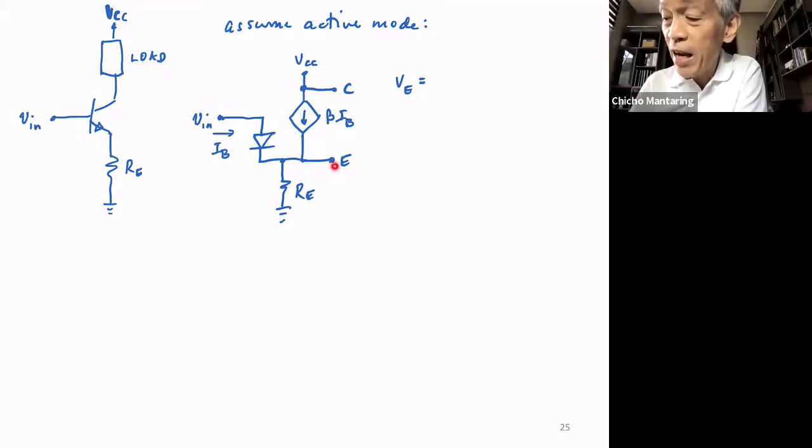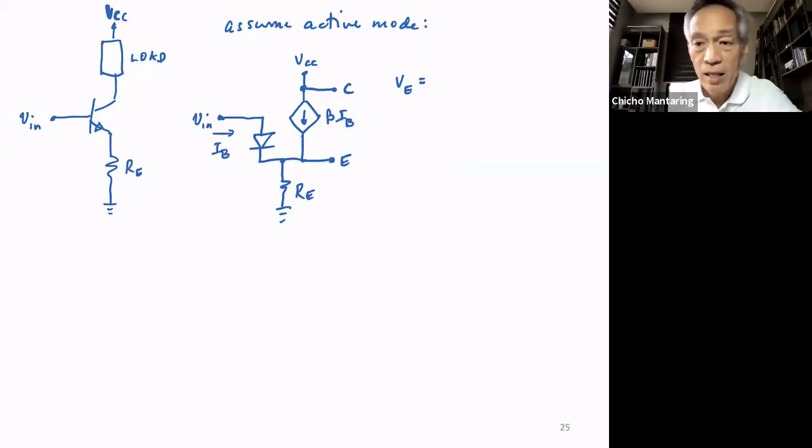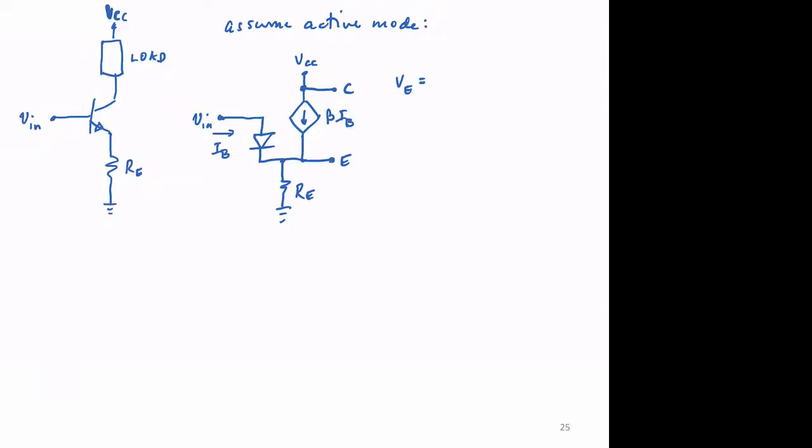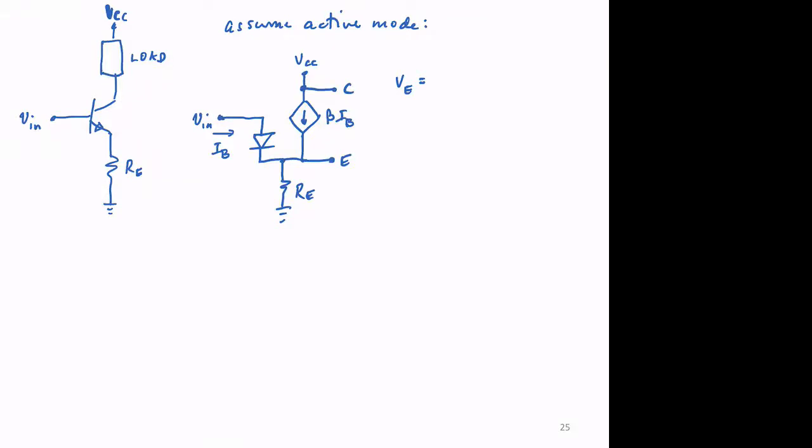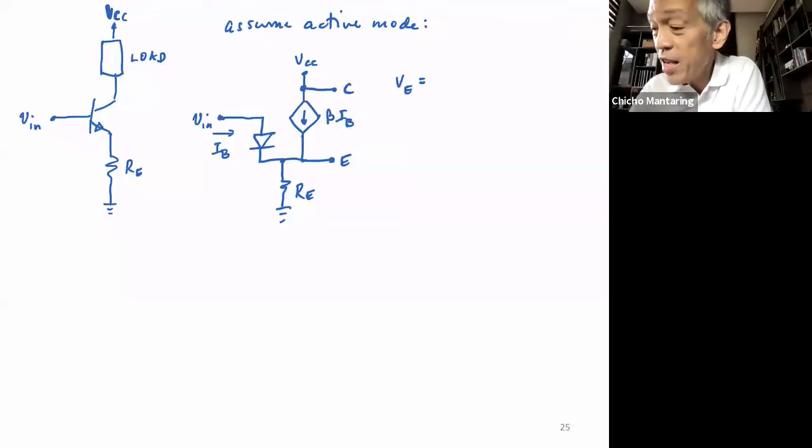What is going to be the value of VE? Is that a silicon diode po? Yes, it's a silicon transistor. Okay, so V in minus 0.7. Yes, that's right. No, so VE is just going to be V in minus 0.7. So what is IE?